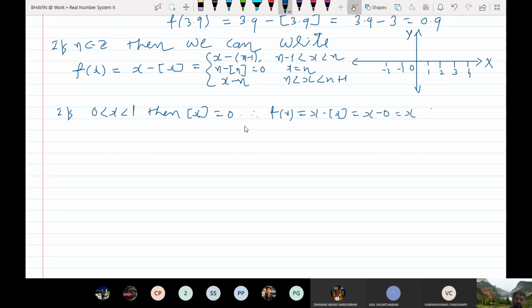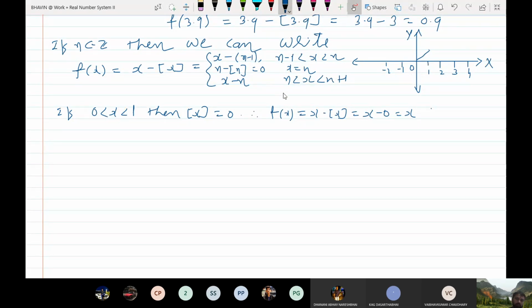So f(x) equal to x, what does this represent? A straight line passing through the origin, and slope is 1. So this is the line.